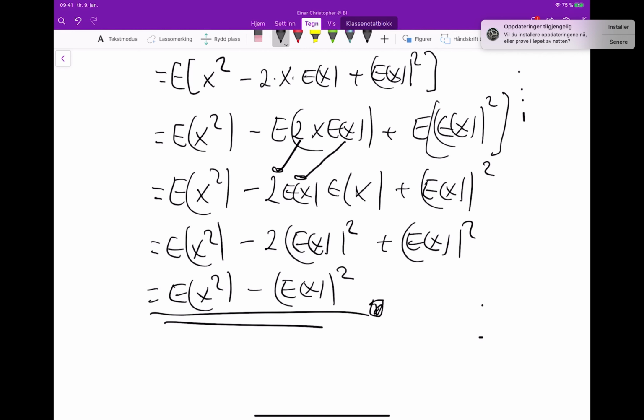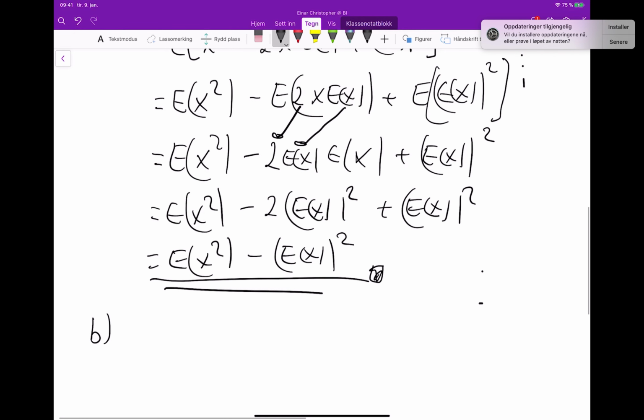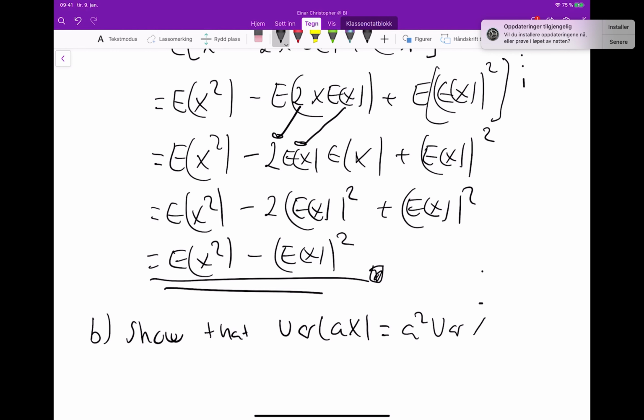Okay, b. For some constant a, show that the variance of ax is equal to a to the power of 2 times the variance of x.